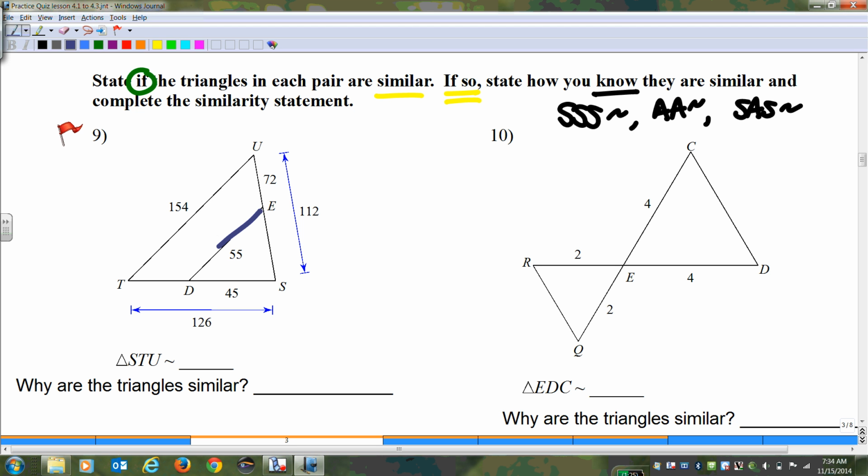Whenever I have overlapping triangles, your very first instinct should be to trace and pull them apart. So start tracing, pulling these apart, and pull your numbers over. That's 55. That's 45. 72 minus 112.